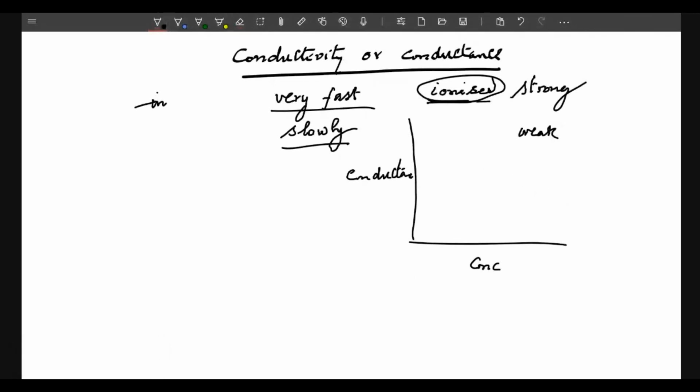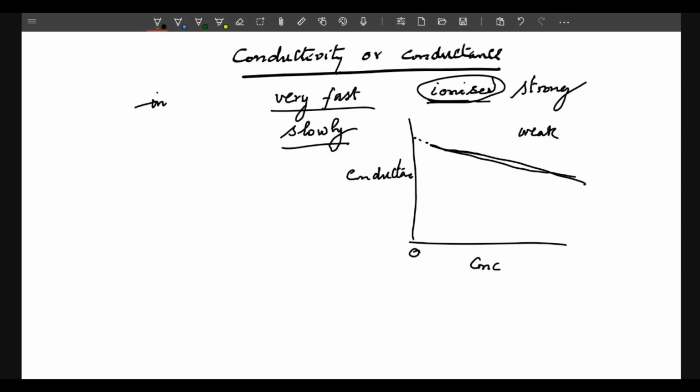Here there is a slight decrease in the conductivity, because as concentration increases, some amount of even the strong electrolyte would not be ionized. And if you extrapolate this to zero concentration, this we call the conductivity at infinite dilution.